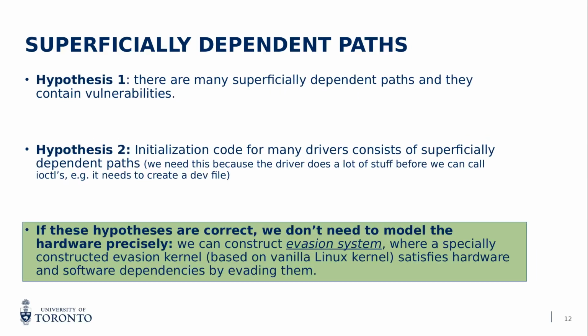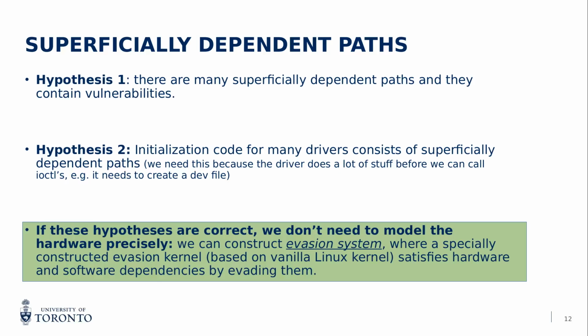After analyzing different drivers, we ended up with two hypotheses. First, there are many superficially dependent paths and they contain vulnerabilities. Second, initialization code for many drivers consists of superficially dependent paths. We need this second hypothesis because drivers do a lot of stuff before we can call IOCTL. For example, they need to create a dev file.